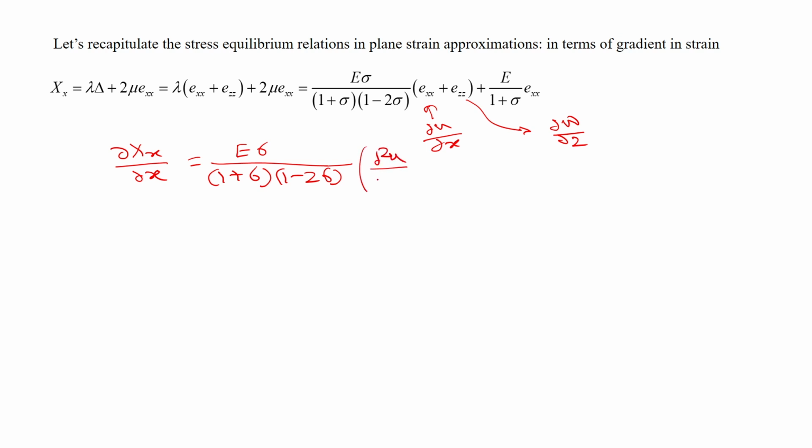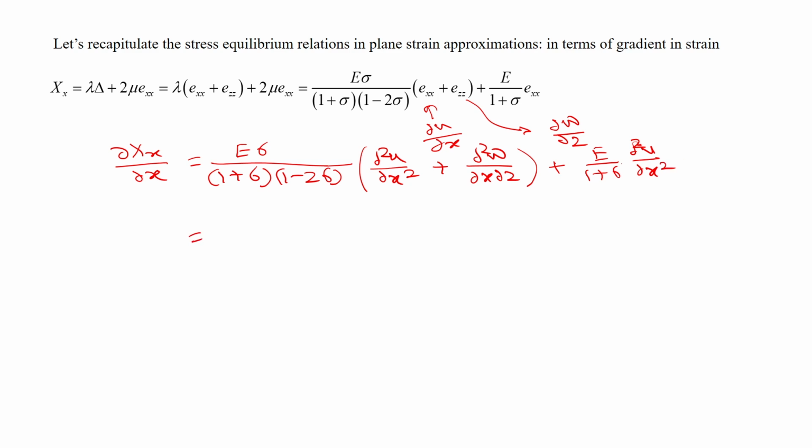So it is del square u by del x square plus del square w by del x del z, plus E over 1 plus sigma into del square u by del x square.